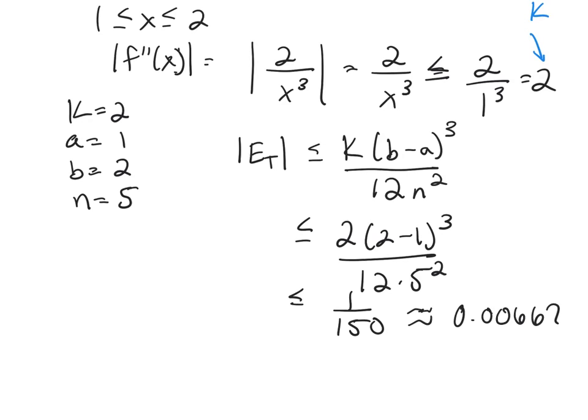So your error is no bigger than that number, which to me means you're pretty close to the exact value, up to 3 decimal places. There's a 12 times, but there's a 2 in the numerator, so it'll cancel to give you 150. Yeah, you're good though. Other questions?